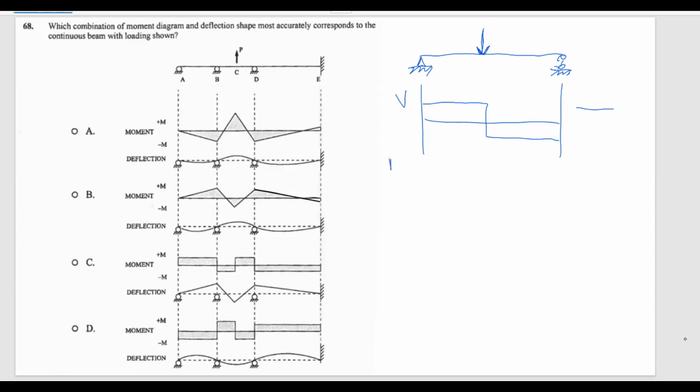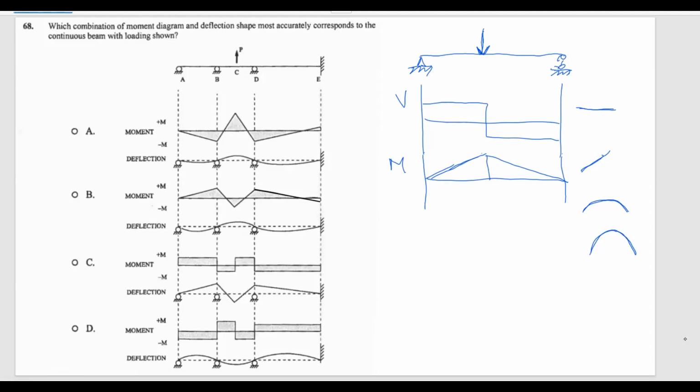And then when you have the moment diagram, the next order of lines is that the moment diagram is going to be linear. So this is the order of lines: it goes constant, linear, and after that is parabolic, and then it's cubic, similar to the parabolic.